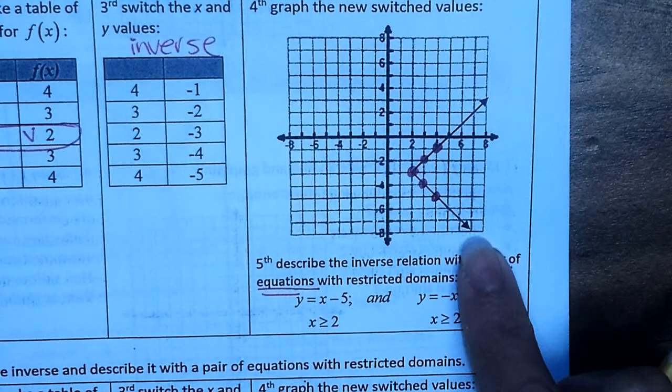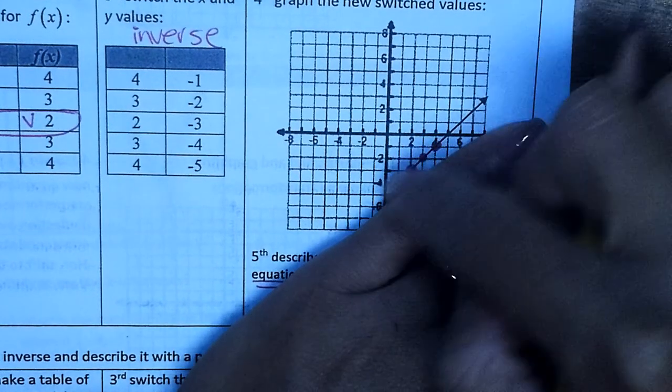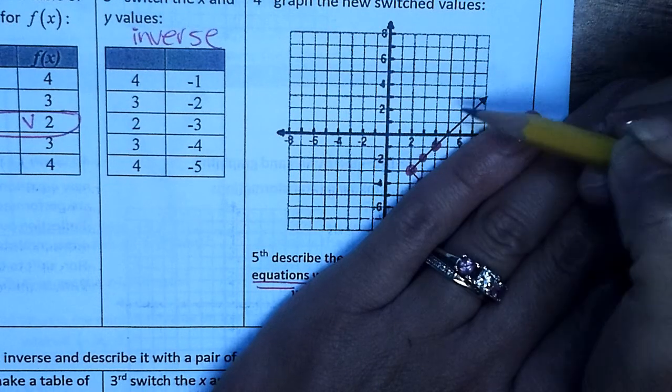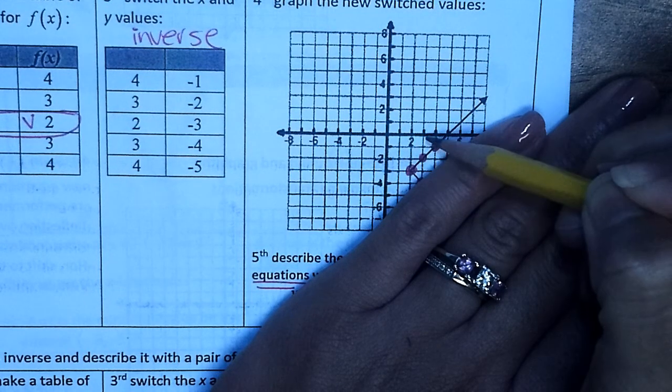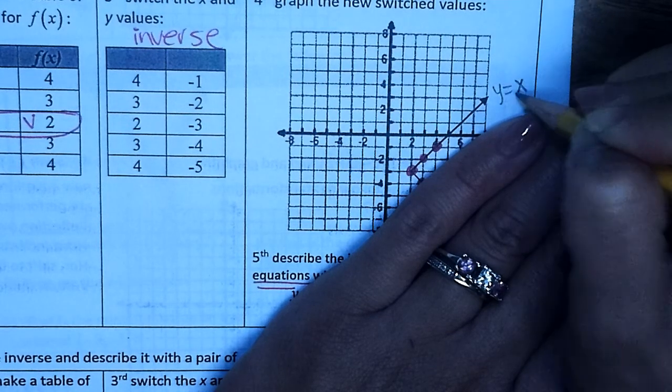So this sideways v has two parts. Okay, let's focus on the top part first. The top part of the v is the line with the positive slope because it's going up 1 to the right 1, up 1 to the right 1. So that has a positive slope. So you would put y equals 1x.